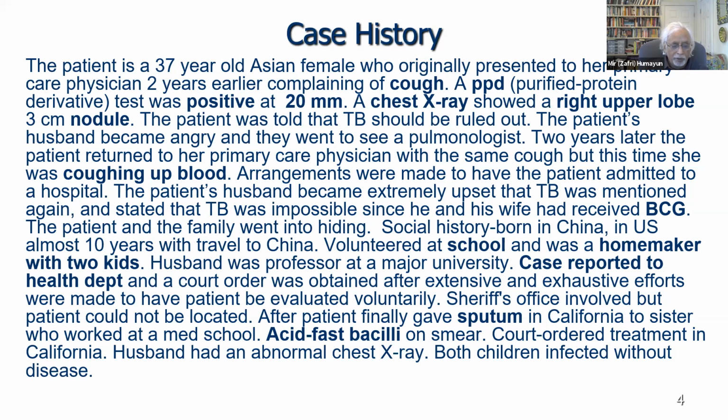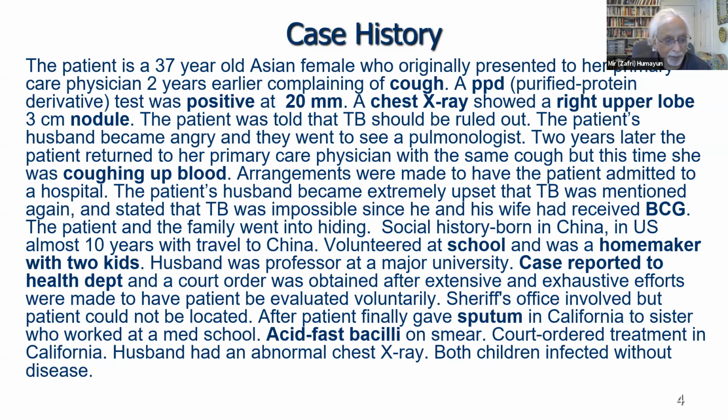The case was reported to the health department and a court order was obtained after extensive and exhaustive efforts were made to have the patient be evaluated voluntarily. The sheriff's office was involved, but the patient could not be located. The patient finally gave a sputum sample in California to a sister who worked at a medical school, and acid fast bacilli were found on a smear.